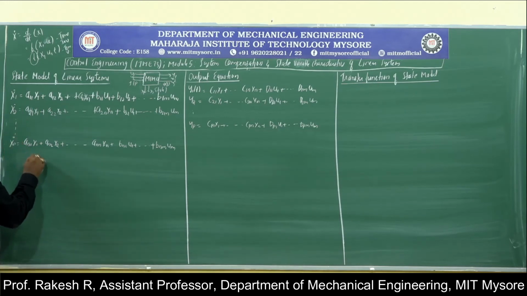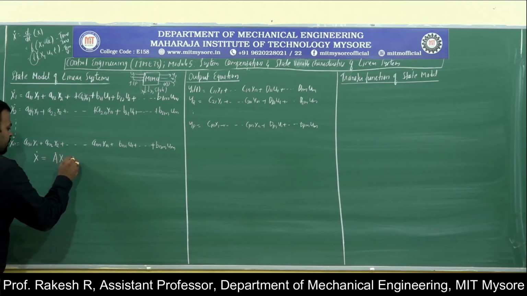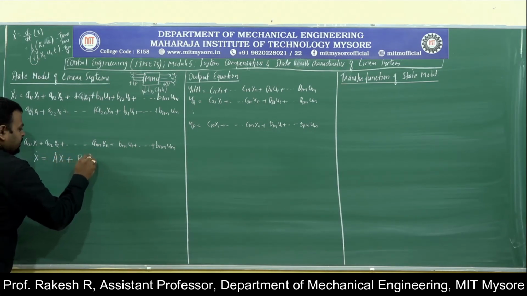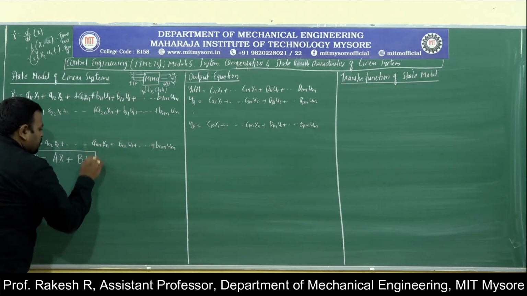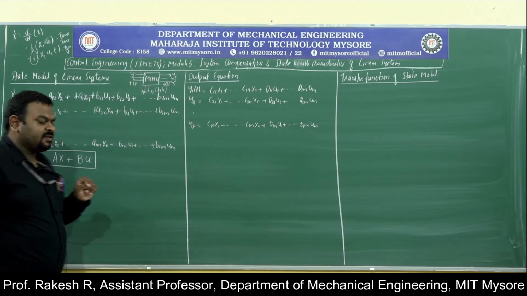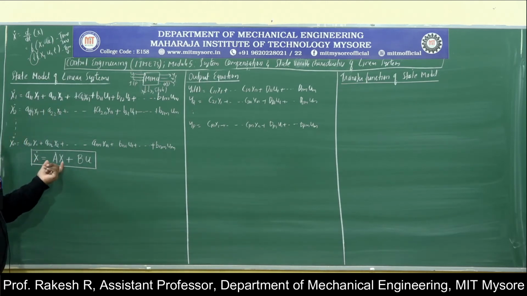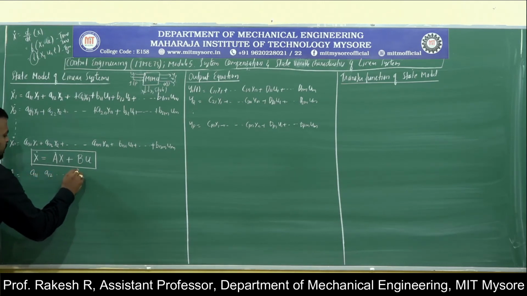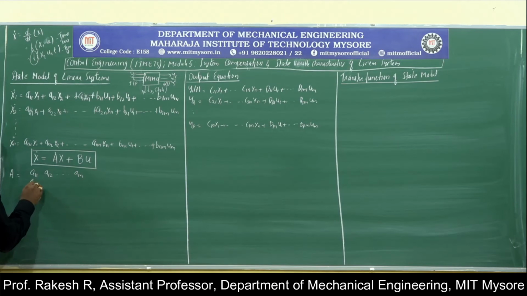If I write, x dot will be represented as Ax plus B into u, where x dot is a state vector. A is the coefficients. A can be a11, a12, a1n, then a21, a22, like that, up to ann.